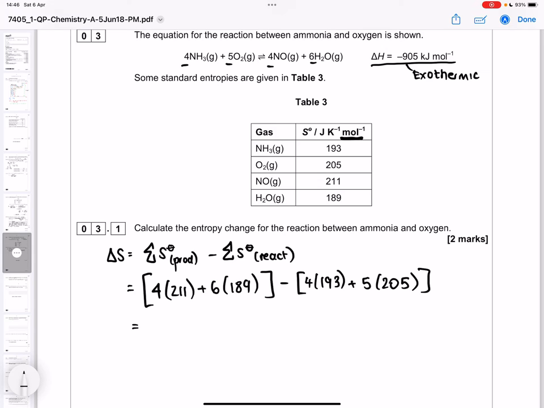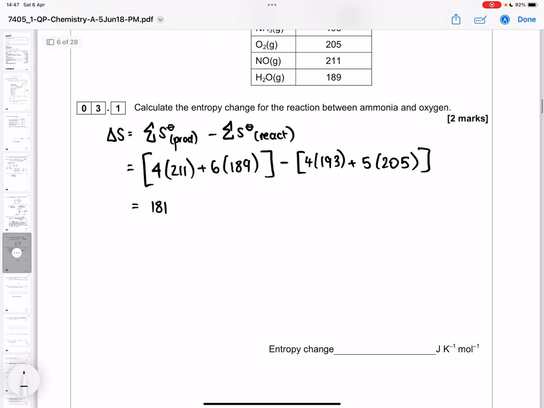If we don't use those big brackets, then we need to apply in that second bracket that minus a plus becomes a negative. And if you do that correctly, you should get positive 181, and there'll be no units marked for units because we are just adding and subtracting. That's why they've given us just the units from the table.